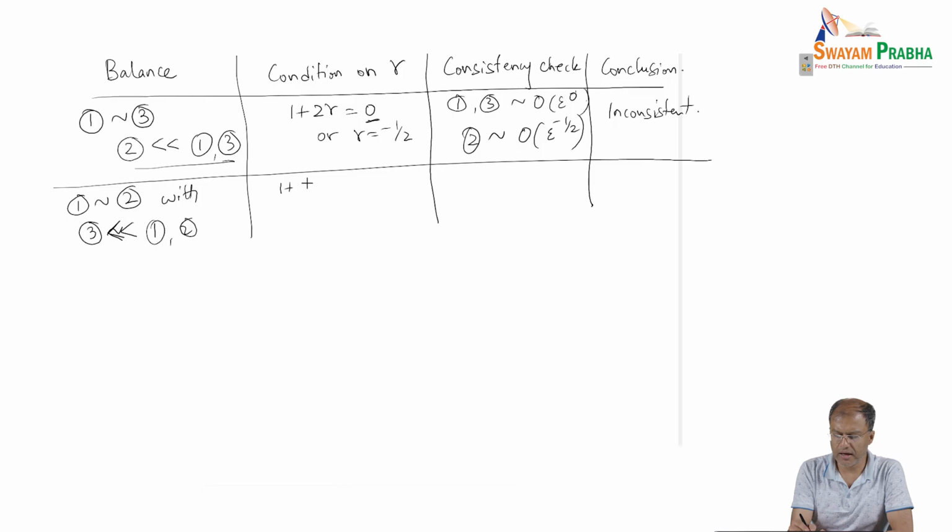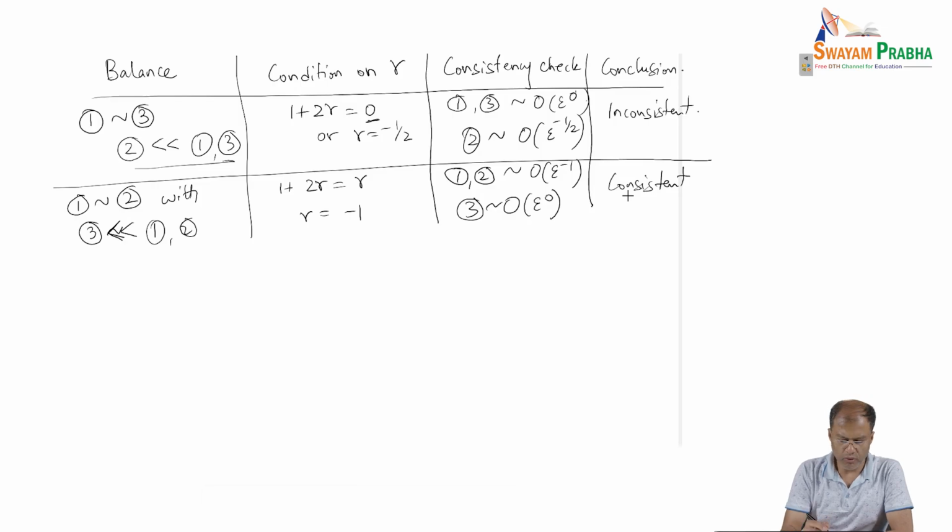Then we get that the condition on gamma was 1 plus 2 gamma equal to gamma, and from there we found gamma was minus 1. In this case terms number 1 and 2 were of order epsilon to the power minus gamma, and term number 3 was of order epsilon to the power 0, and we see that term number 3 is of lower order than 1 and 2. So this was a consistent setup.